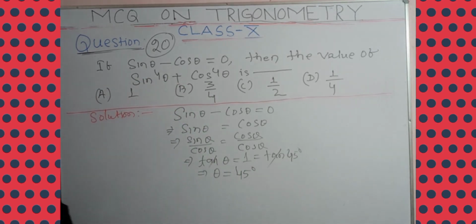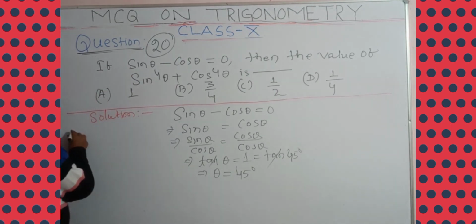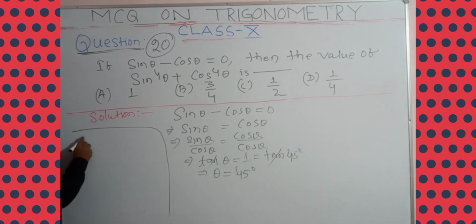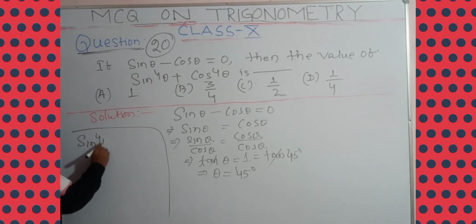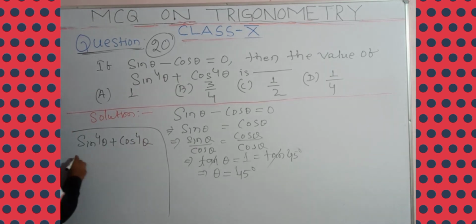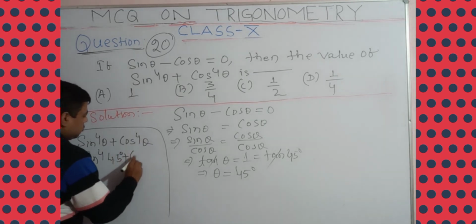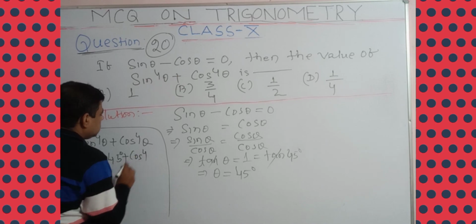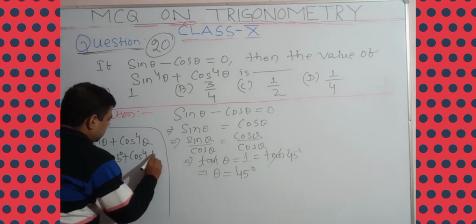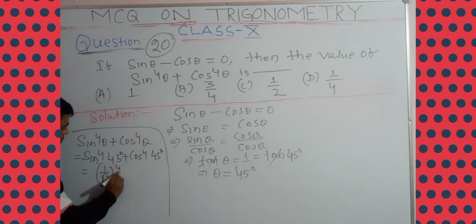So can you use the value of theta in the given expression? Here you have to find out sin to the power 4 theta plus cos to the power 4 theta. Here sin to the power 4 theta, theta means 45 degree, plus cos to the power 4 theta, in place of theta write down 45 degree. And you know sin 45 degree is 1 upon root 2, the whole square, whole to the power 4.